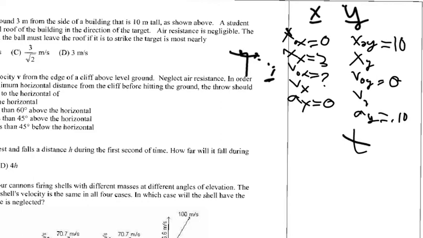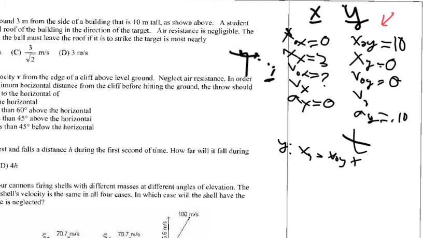Looking at my two sides, I can see I have more information in the Y direction, and I'm going to use Y to find time. I can use my first equation, so I'm going to do this in Y. I have x_y equals x naught y plus v naught y t plus 1/2 a_y t squared.